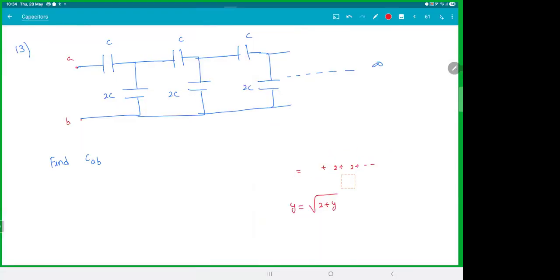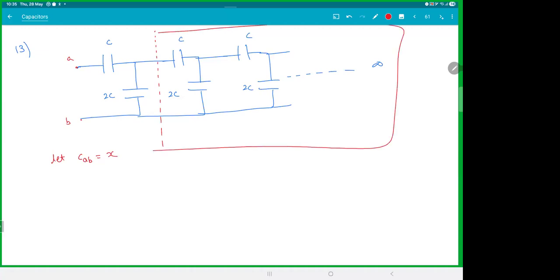So let's say the whole answer, let CAB be equal to x. Now the logic is if you cut one branch from here, this whole thing will still look the same as an infinite branch, isn't it? So after one branch, this whole thing is still infinity.